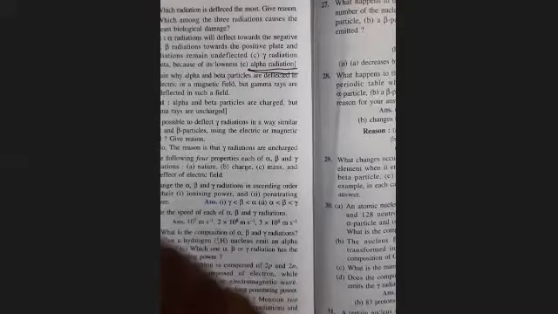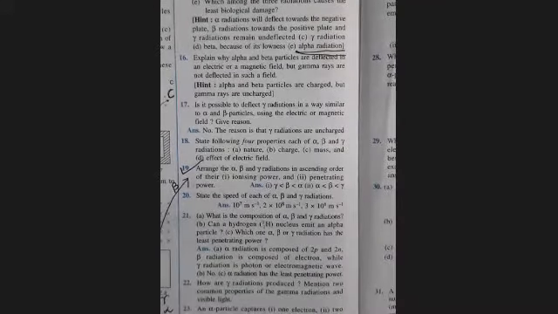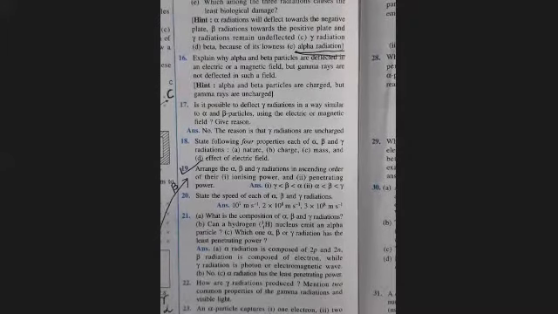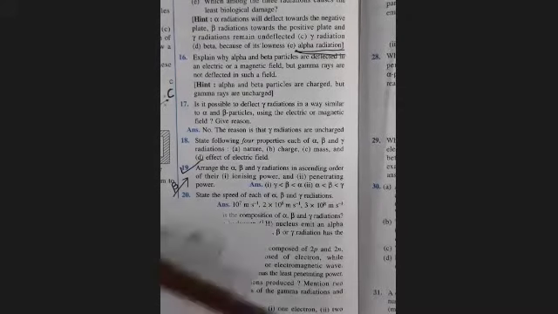Now you can see question number 19. Arrange the alpha, beta, gamma radiations in ascending order of their ionizing power and penetrating power. You know that alpha has the most ionizing power and gamma has the least.